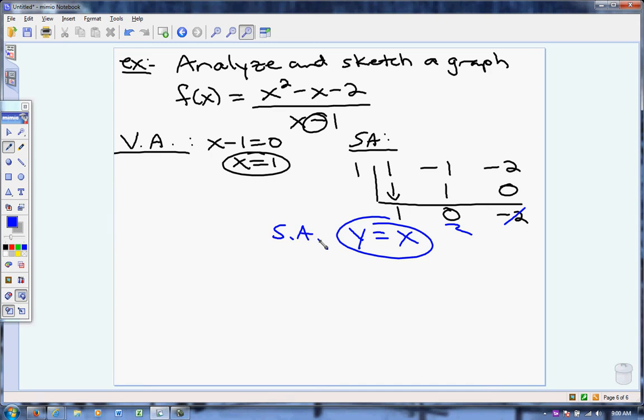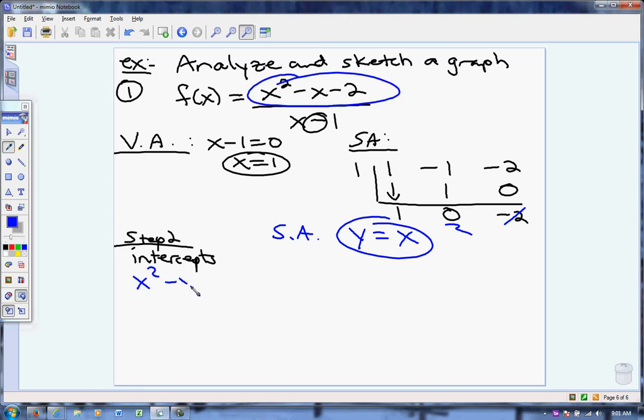So how about some intercepts? We've completed step 1. Let's do step 2 and find some intercepts. I said for x-intercepts, set the numerator equal to 0. X squared minus x minus 2 equals 0.